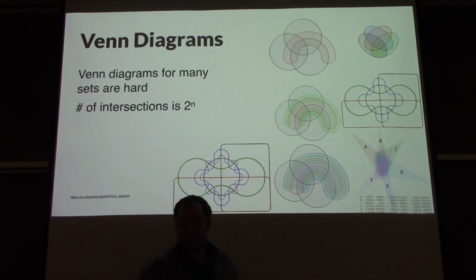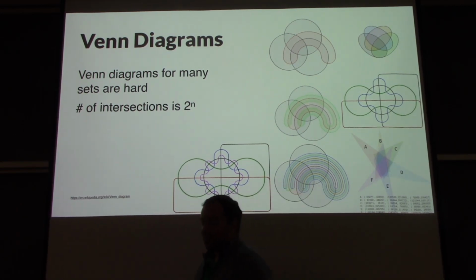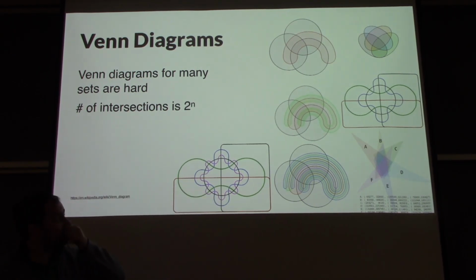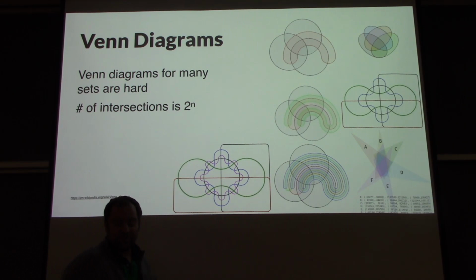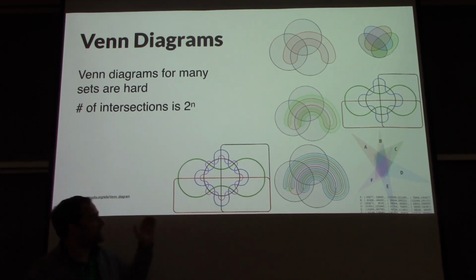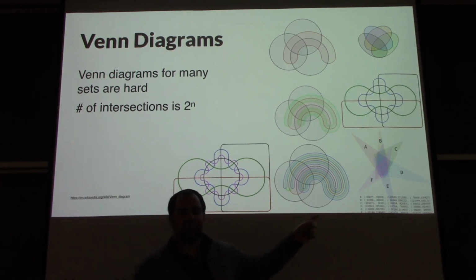Venn diagrams for many sets, as you no doubt have figured out by now, are hard to draw. Here are a couple of examples. The first row shows 4-set Venn diagrams, the second row shows 5-set Venn diagrams, and the third row shows 6-set Venn diagrams. What is interesting about the 6-set Venn diagrams?